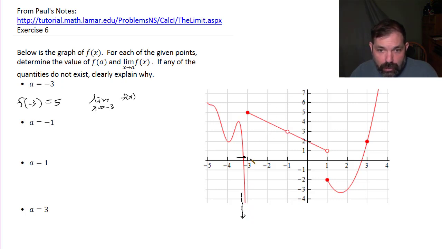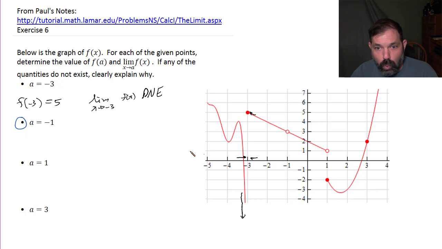Now, if I'm approaching -3 from the right, I get a nice value. It appears to be getting close to 5. Again, these aren't the same on the left and the right, and we have that infinite growth, it's growing without bound as x approaches -3 from the left. So this limit does not exist.